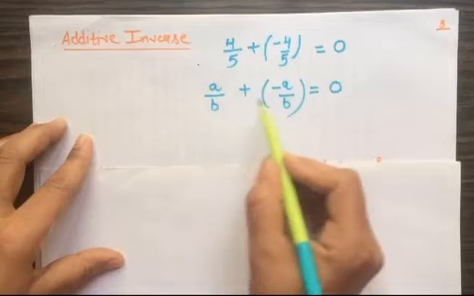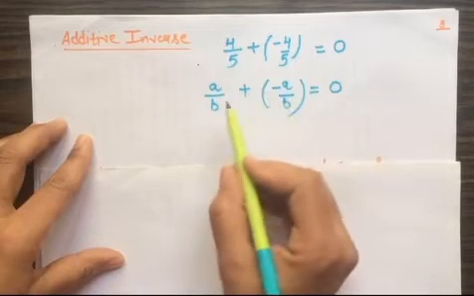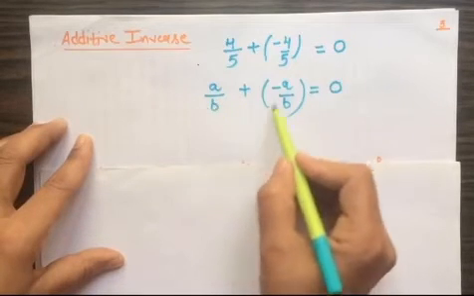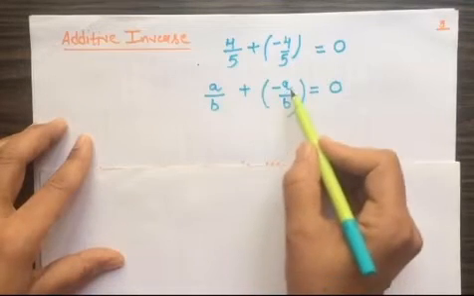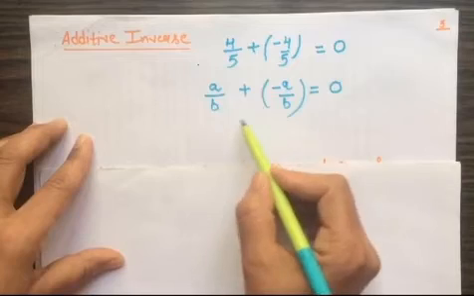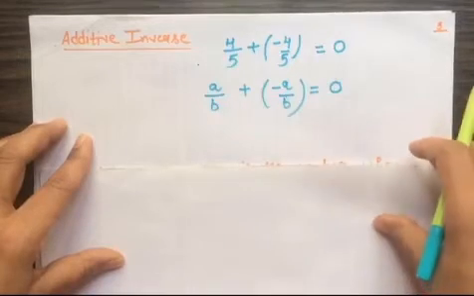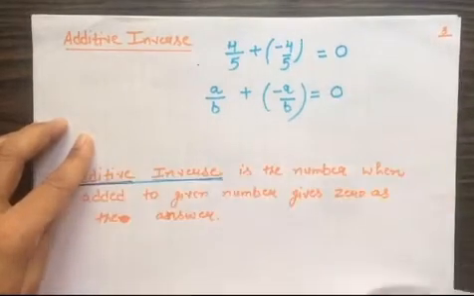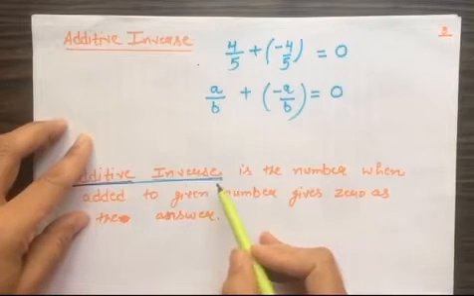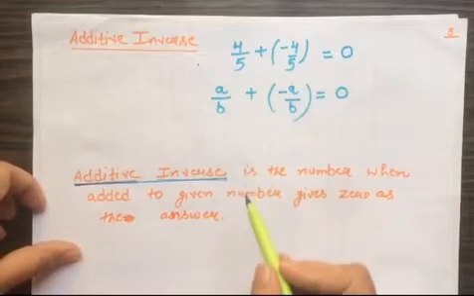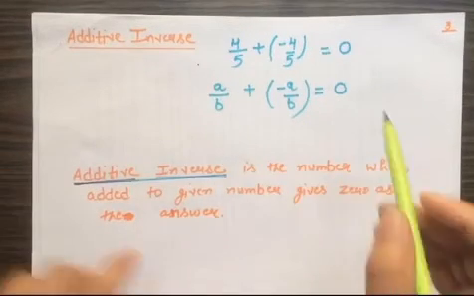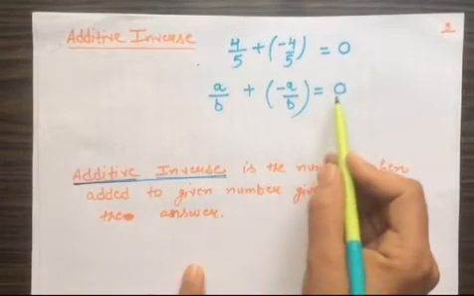What is the difference between these two numbers? That these are the same numbers but with opposite sign. So the additive inverse of a number is the same number but with opposite sign. Let us define additive inverse. Additive inverse is the number which, when added to a given number, gives 0 as the answer.